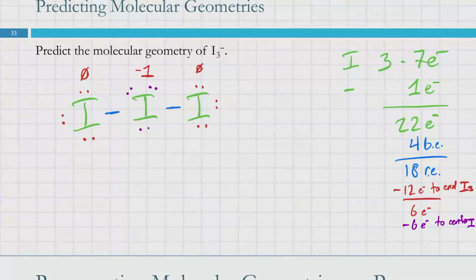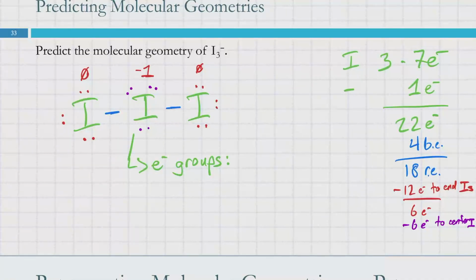Now, thinking about our central atom, our iodine in the middle, how many electron groups do we have? How many clumps of electrons on that iodine? It's not 2.